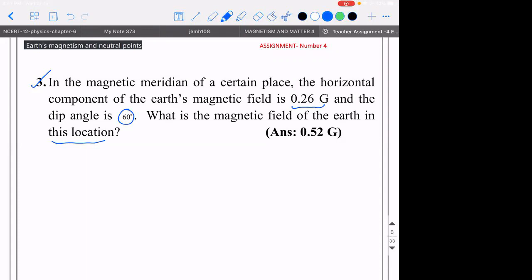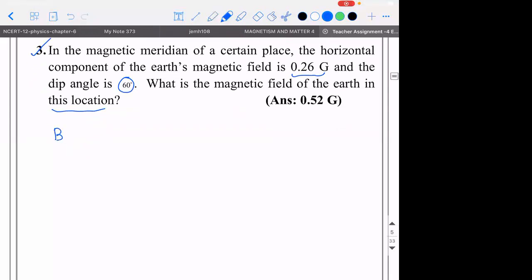Guys, find it out. It's a one-step question, trust me. What have they given? The horizontal component is 0.26 Gauss. Angle of dip is 60 degrees.